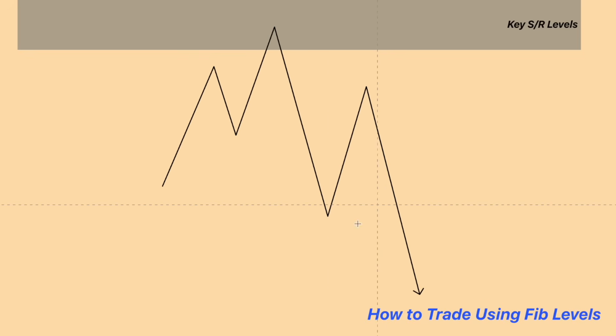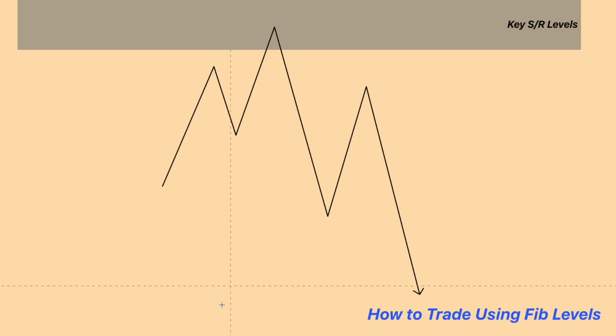So instead, what our trader could have done, or what I would recommend doing, is using the Fibonacci tool as potentially an entry after a reaction from a key point of interest or a key SNR level. So say in this instance, we're pushing in an uptrend higher, we get into our point of interest and say we see a huge reaction from it.